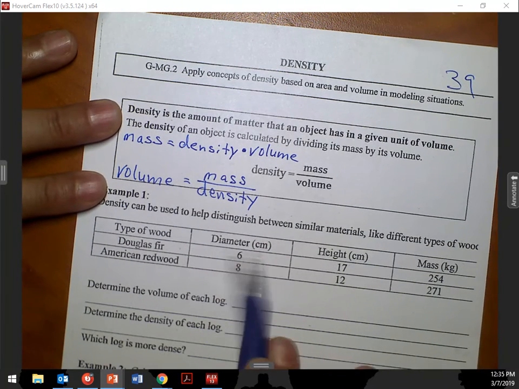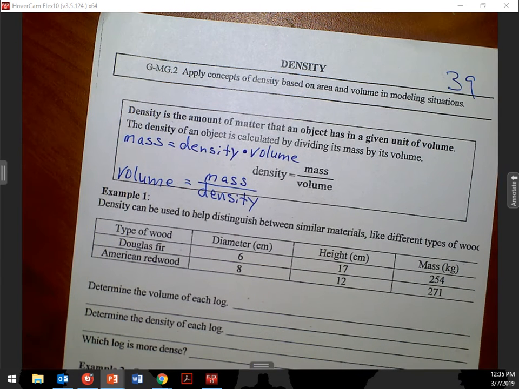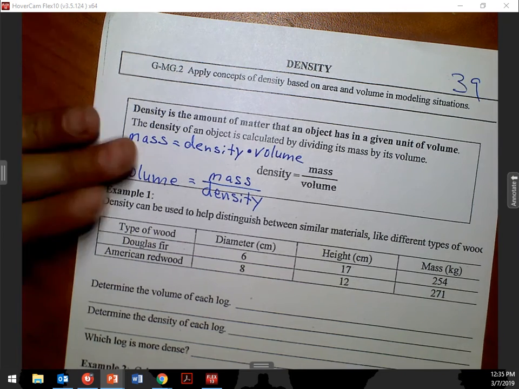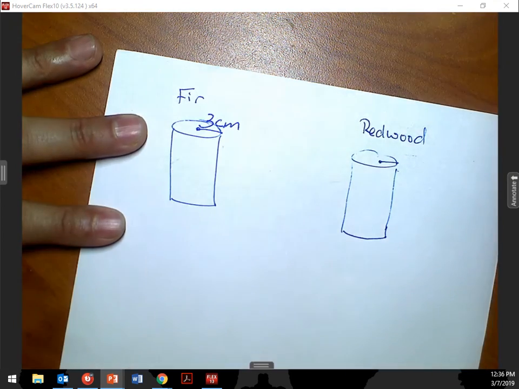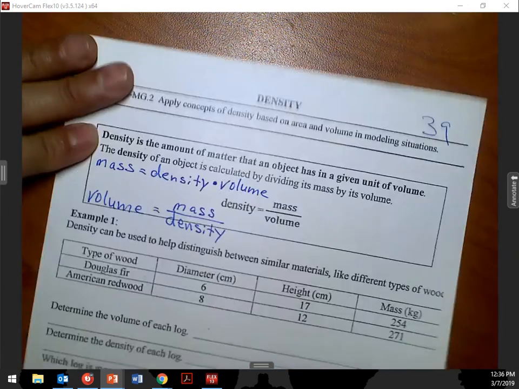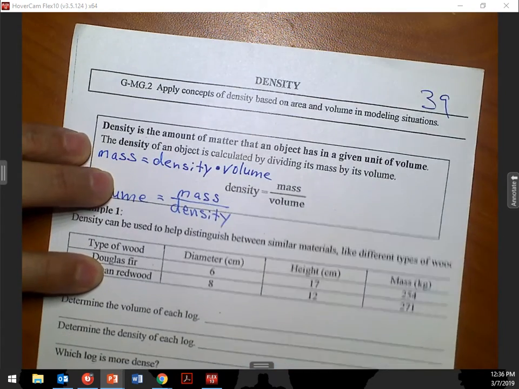It says diameter of the fir is 6. Radius is what? 3. Very good. I need that information to find the volume. The diameter of the redwood is 8. So my radius is 4.